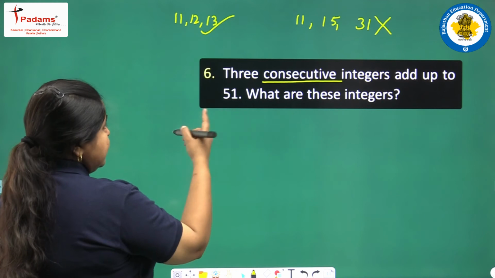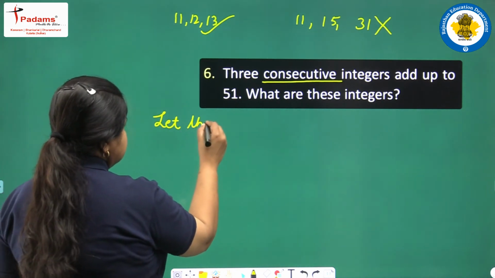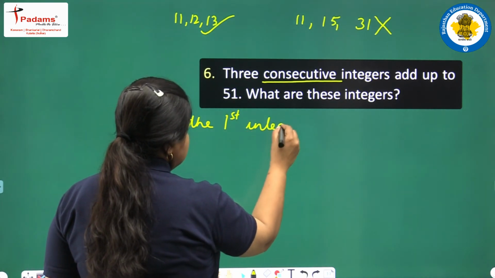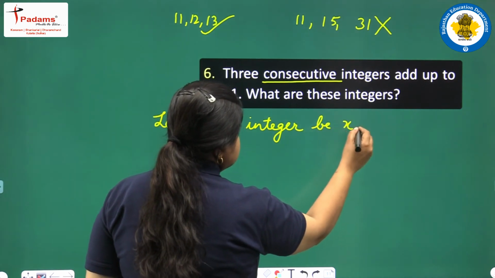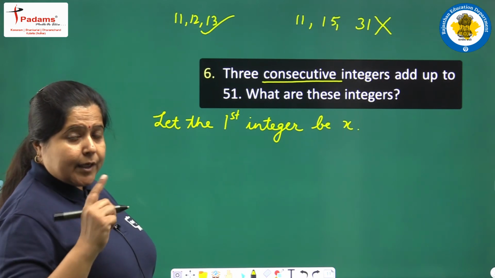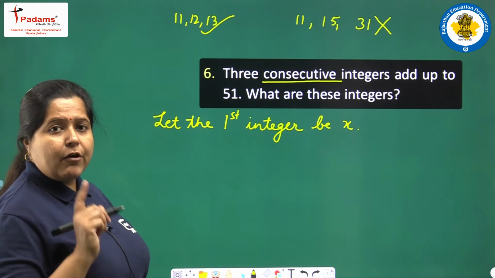Now, we will need to take one of them to be x. Let the first integer be x. Okay, the first one we have taken to be x. Now, since the numbers are continuous, the difference between them will be 1.